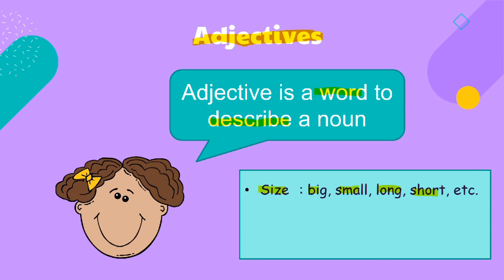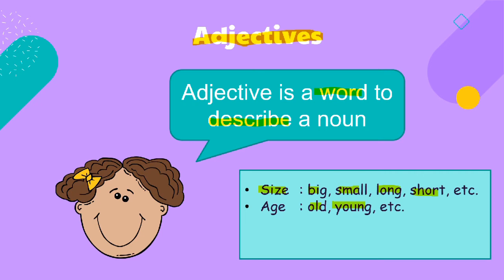The car is big, my hair is long, this book is small, right? It describes the thing, the noun. Next, the second one is age. Like old, young. These two adjectives describe a noun. Like, my grandma is old, I'm young.